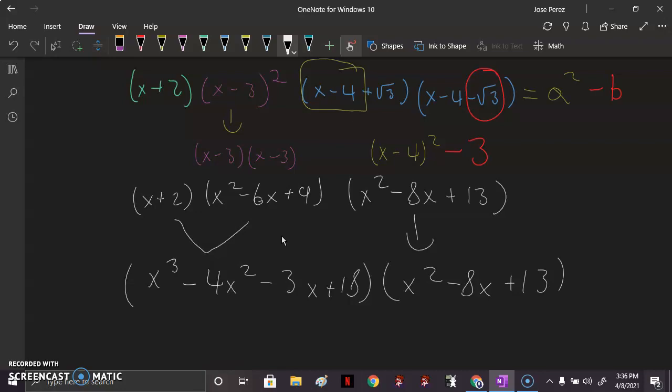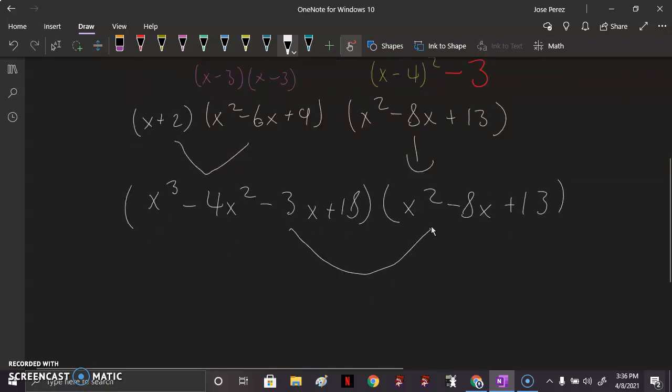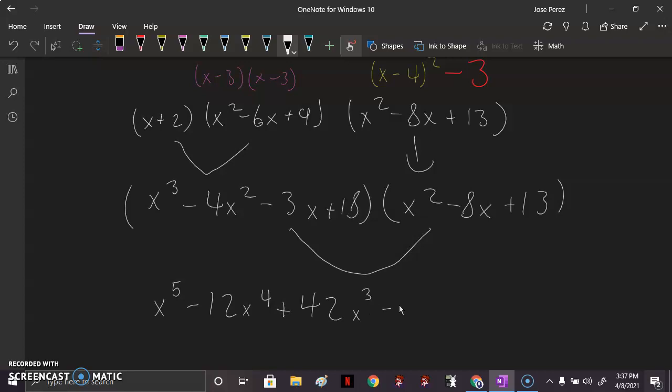And when we multiply these two together, we will finally get our final solution of this polynomial. What we get is x to the 5th minus 12x to the 4th plus 42x cubed minus 10x squared minus 183x plus 234.